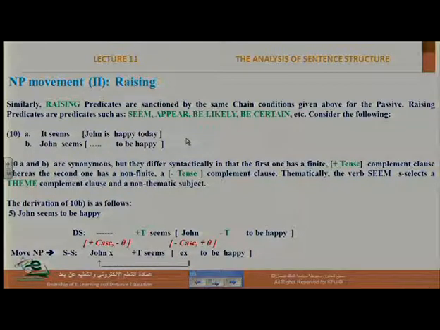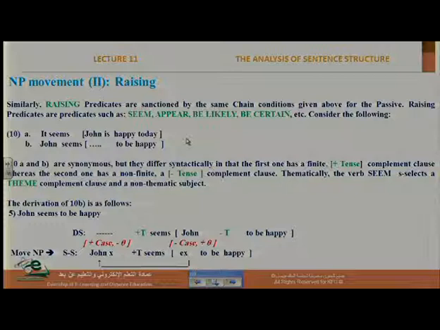The D-structure for this sentence, John seems to be happy, is going to be plus tense seems John minus tense to be happy. I don't give you many details about structure, simply to make you focus on the most important aspect of the structure.